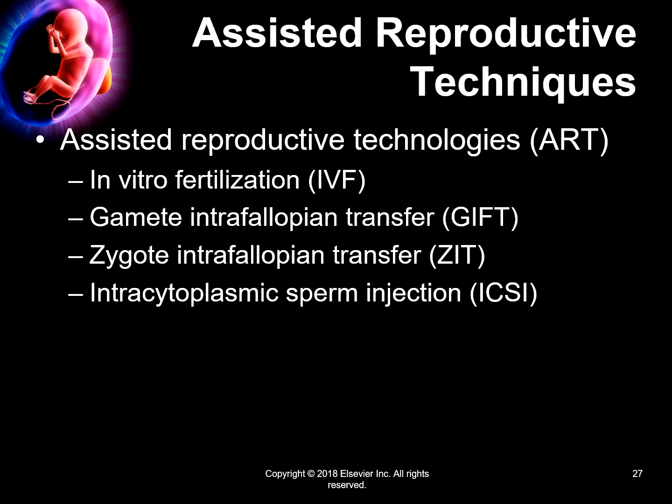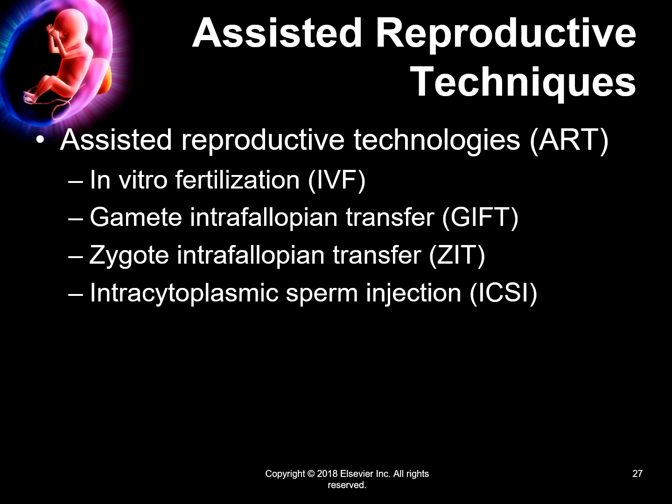The ova are drawn into a catheter that also carries prepared sperm, and the sperm and up to 2 ova per tube are injected into each fallopian tube through a laparoscope. And then additional prepared sperm may be injected into the uterus through the cervix to improve the chance of successful fertilization.